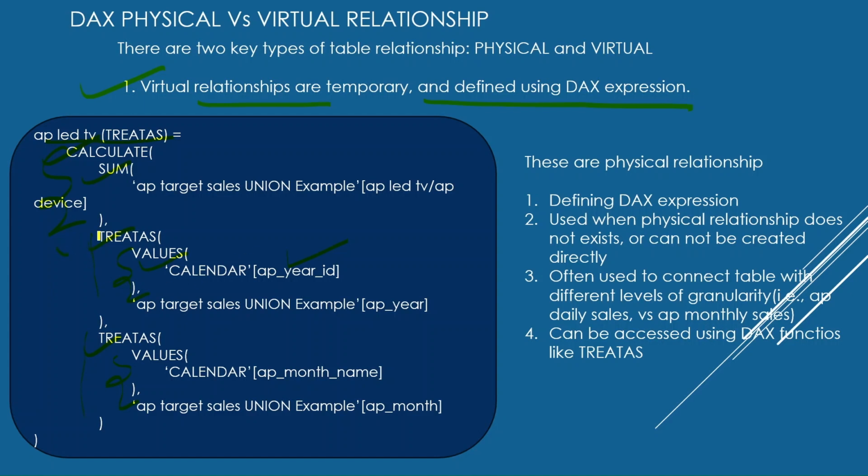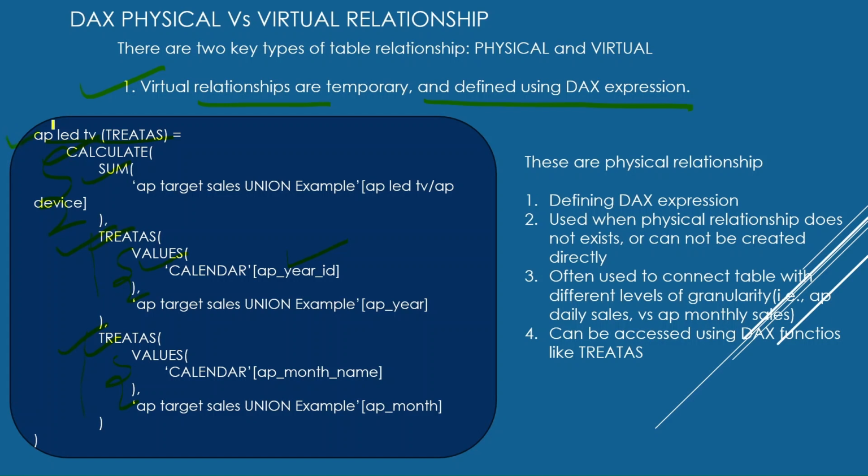For a one-time activity, it is not advisable to create a physical table. TREATAS is a function available in Power BI which is used to create a virtual relationship between DAX table expressions. This is temporary. What do I mean by temporary?